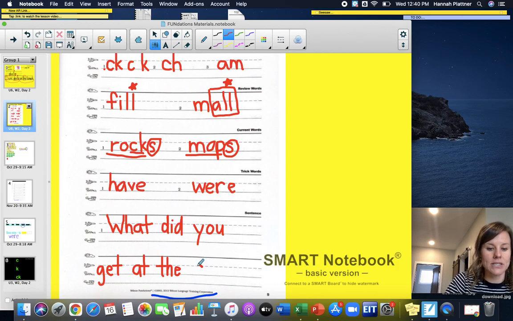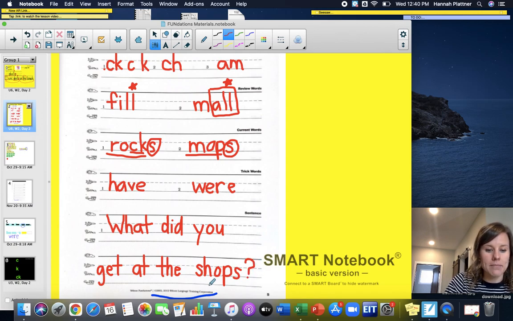Shop is the base word. And add your suffix. Shops. I know this sentence is an asking sentence. What did you get at the shops? So I'm going to write a question mark at the end.